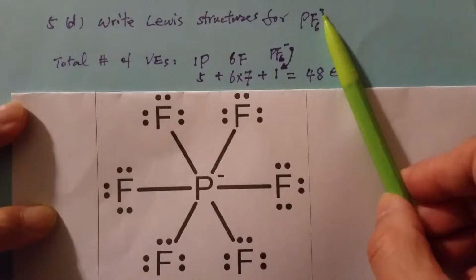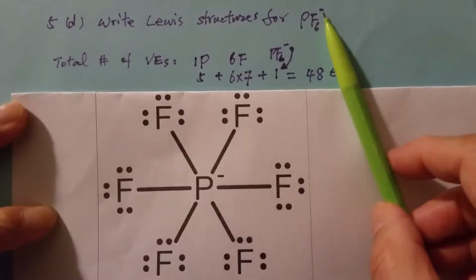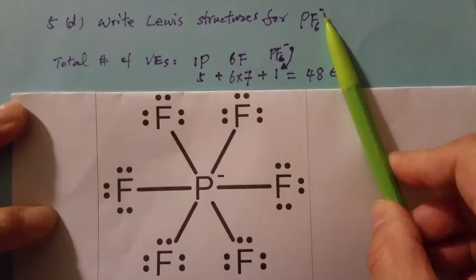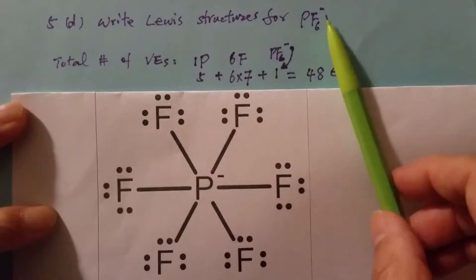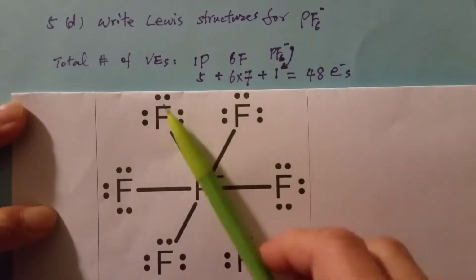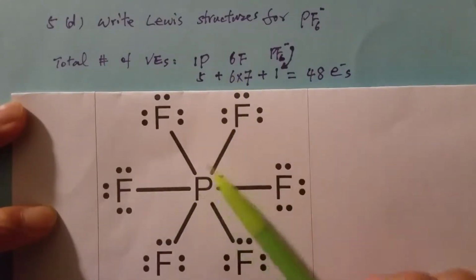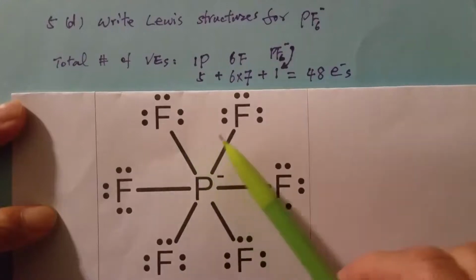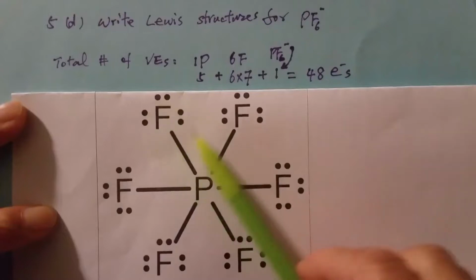And now, since this is a polyatomic ion, we will learn about the formal charges. So where should that charge be? Is it around the fluorine atoms, or around phosphorus? Let's take a look. For each fluorine, 8 electrons surround them.